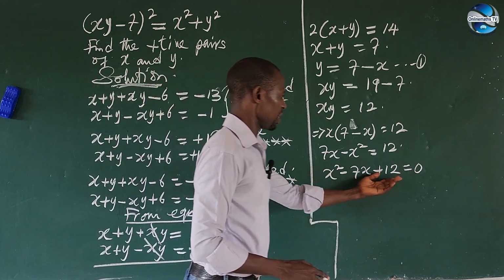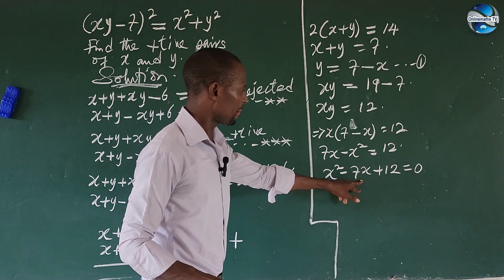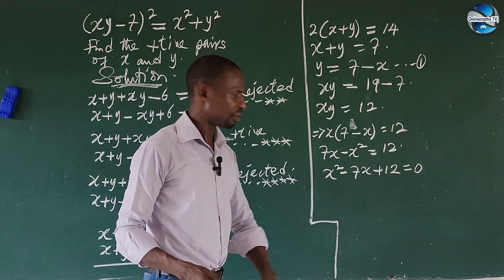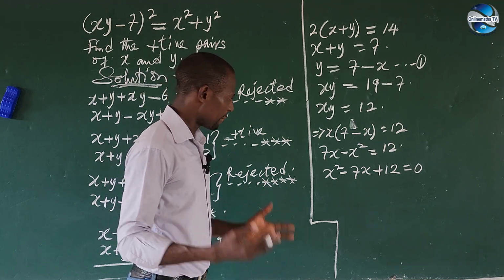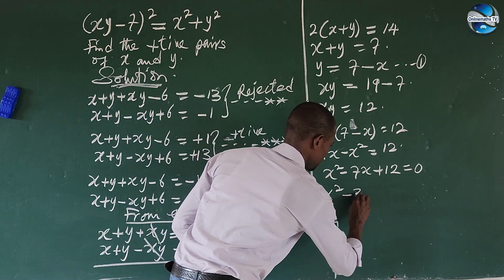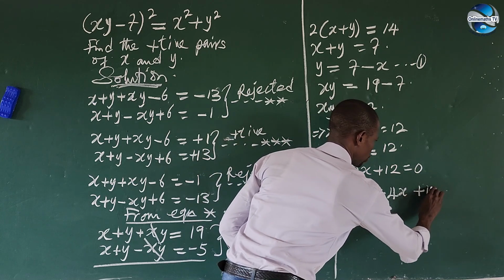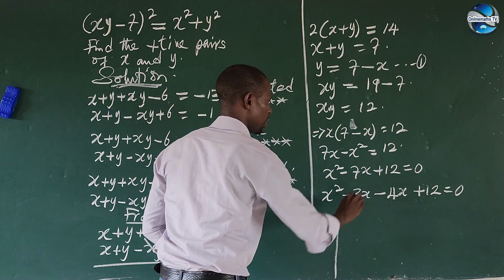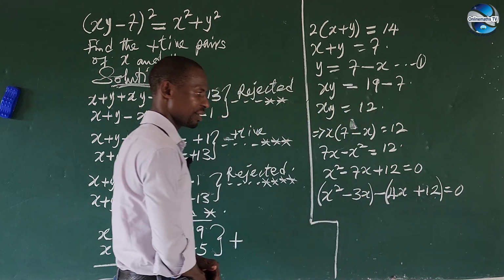So from here, we think of two numbers from the factors of 12 that when we add will give us minus 7 and multiply will give us plus 12. And that will give us minus 3, minus 4, right? So we can now rewrite this as x squared minus 3x minus 4x plus 12 equal to 0. So we can put this in bracket, also put this in bracket.